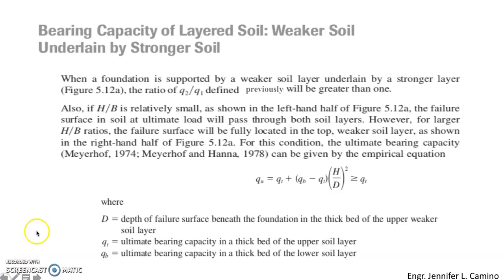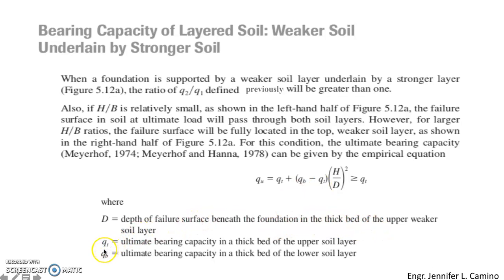So for that condition, the ultimate bearing capacity can be given by this empirical equation. You have the ultimate bearing capacity equivalent to this expression, and this expression should be less than or equal to q_t. D, of course, is the depth of the failure surface beneath the foundation on the thick bed of the upper weaker soil.